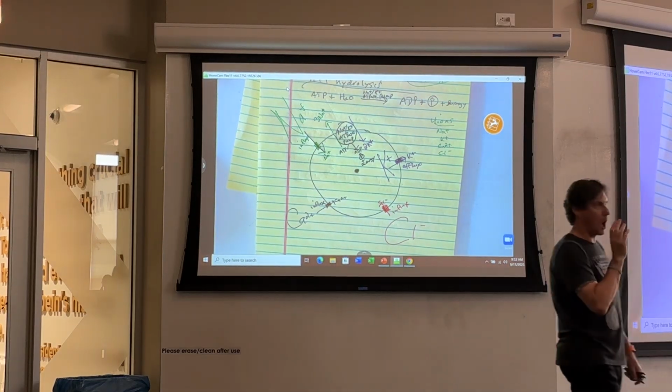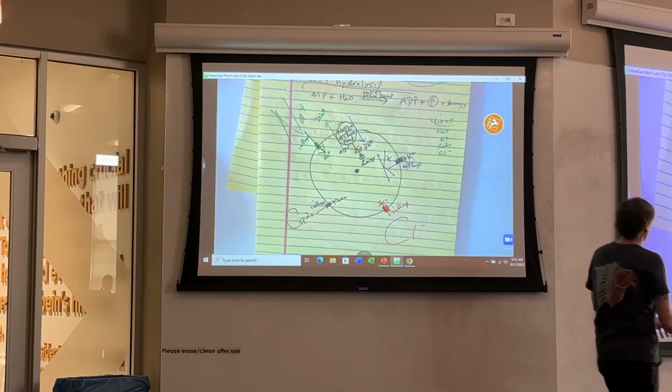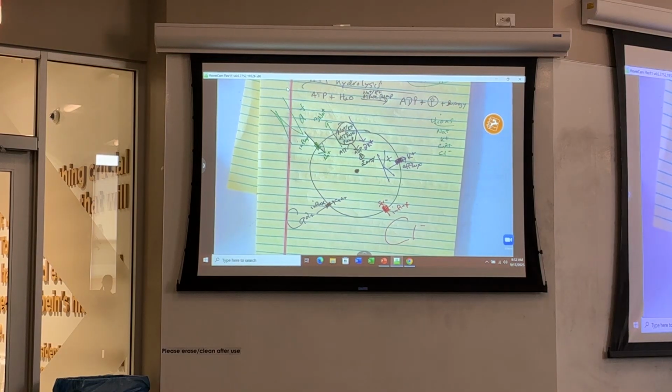Diffusion, things always move from high to low concentration, but because the membrane is impermeable to these ions, we need a helper protein that has access to outside and inside the cell to allow that to happen. Okay, so primary active transport, secondary active transport, facilitated diffusion. What are substances that can move across the plasma membrane via simple diffusion?